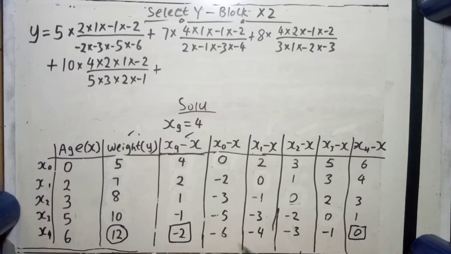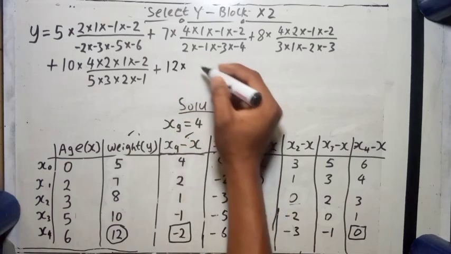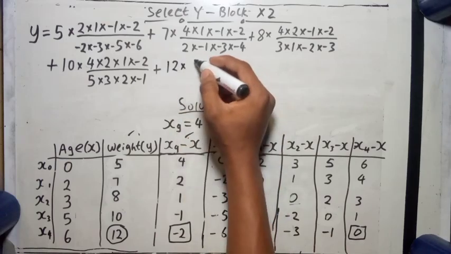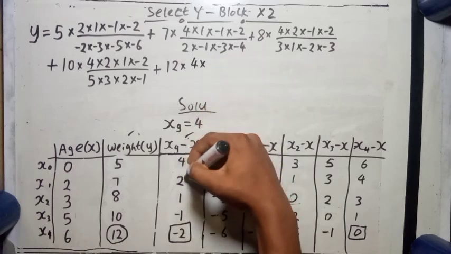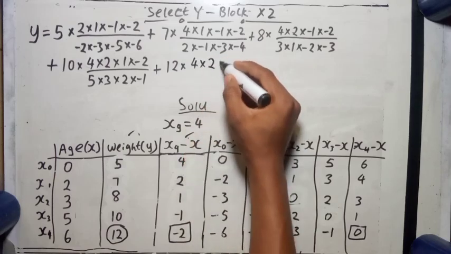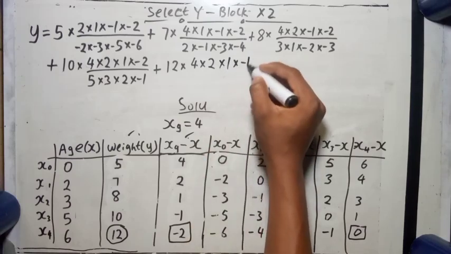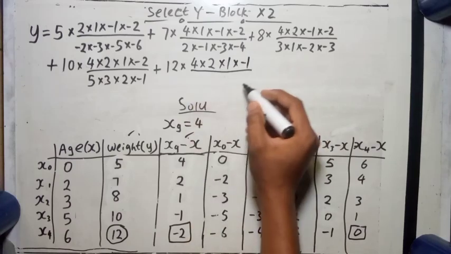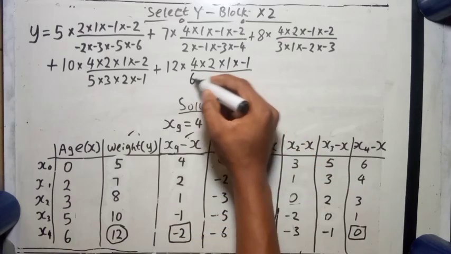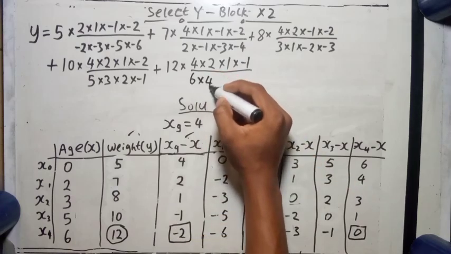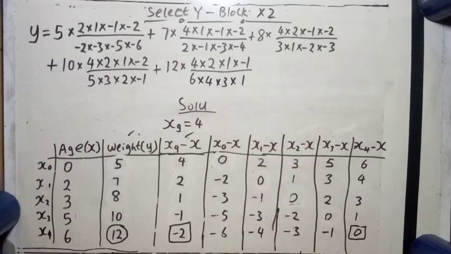So when we do that, we have 12 times 4 times 2 times 1 times minus 1 over, coming over here, 6 times 4 times 3 times what? 1.